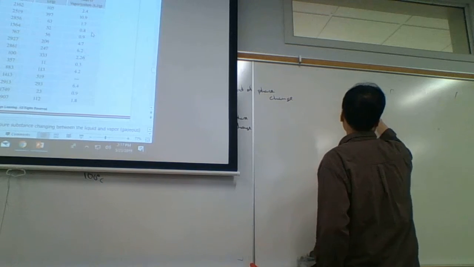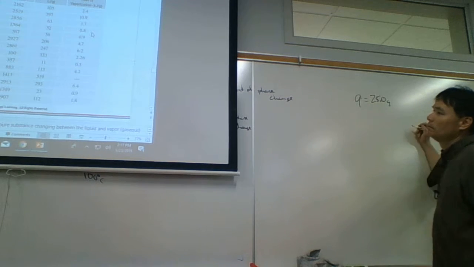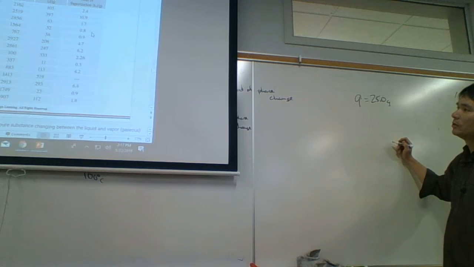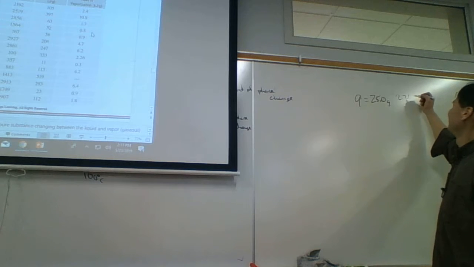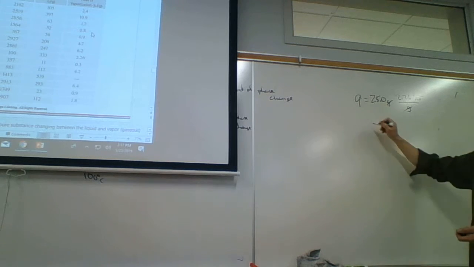And so Q is equal to the amount. We have 25.0 grams of water that we need to boil, times 2.26 kilojoules per gram. And so the grams cancel out, and that just gives us kilojoules.